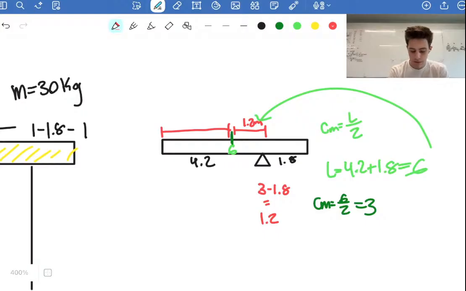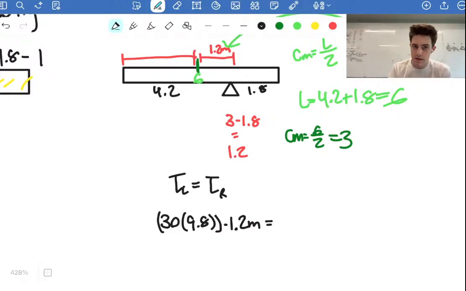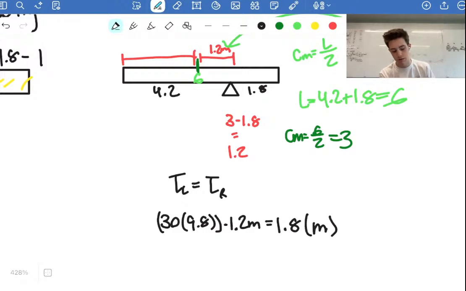So now we set up 30 kilograms times 9.8, of course, to get the force, at a distance of 1.2 meters away from the pivot point. Now on the other end, it's asking how much we can place before it tips. It's 1.8 meters away this time, times our new mass, times gravity, by the way, 9.8.